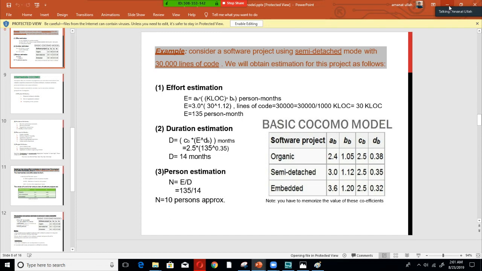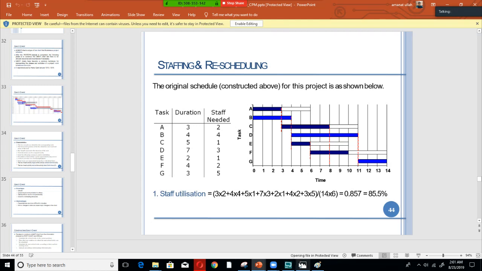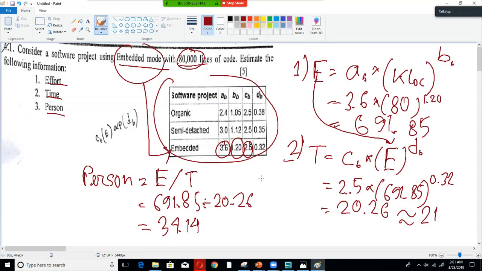So let us make those changes here. So this is person-months, and this is months, and this is 35 persons. So we are done with this problem.